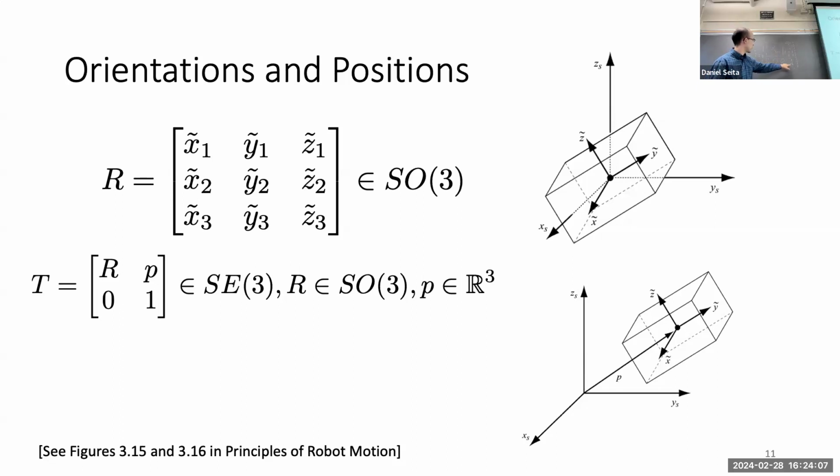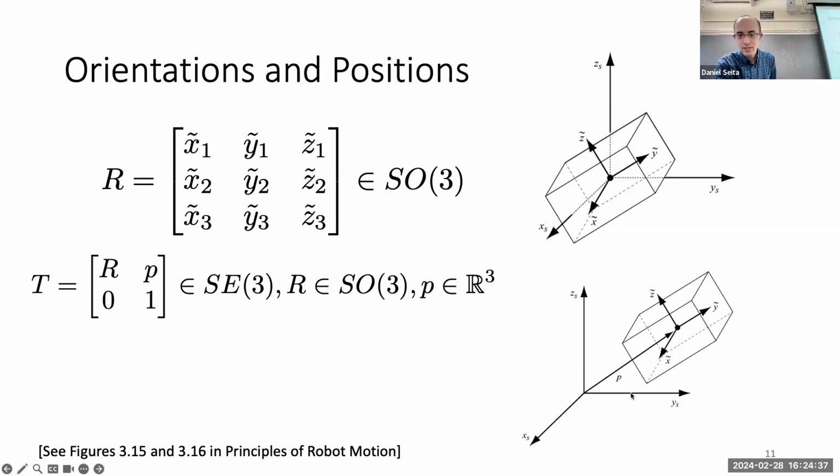We put in the numbers in the bottom row for convenience when we do matrix operations on matrices and vectors. The way to think about this is that when you add in the p, you make a new group, the special Euclidean group, SE3, which consists of a rotation matrix plus a 3D position.